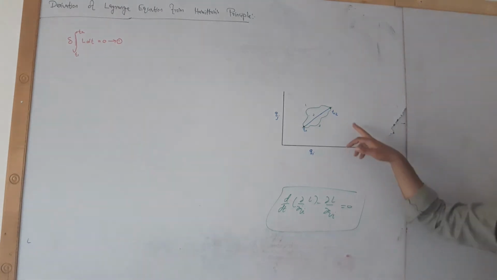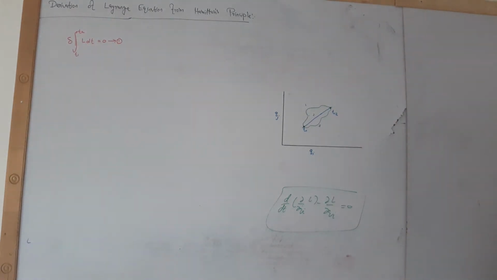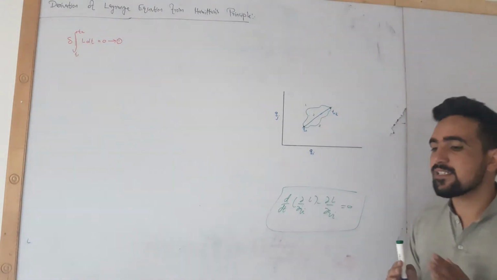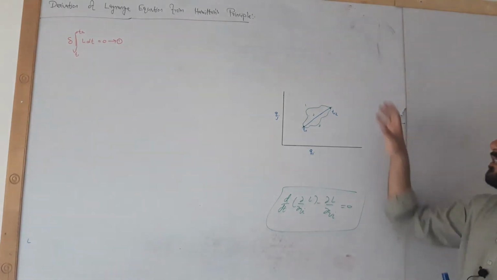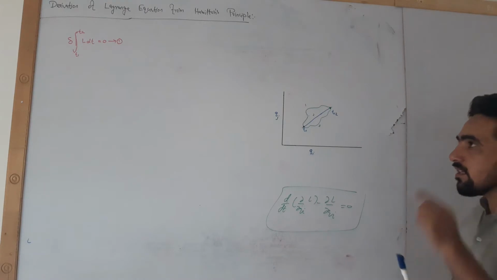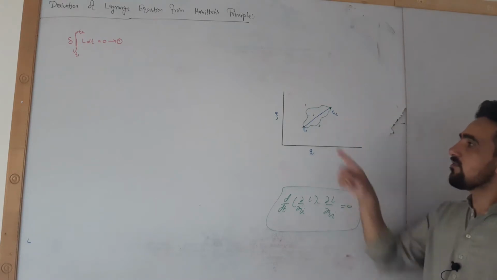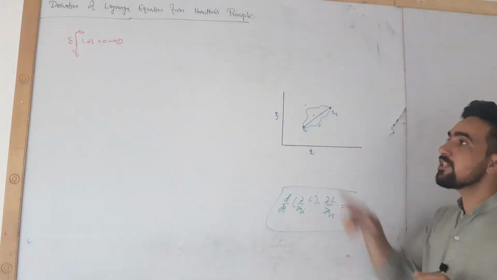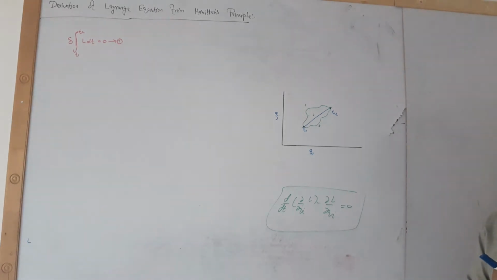The path is the one for which Hamilton's principle is applicable, which we have discussed in detail in the last lecture. So the system will follow only the path for which Hamilton's principle is applicable.